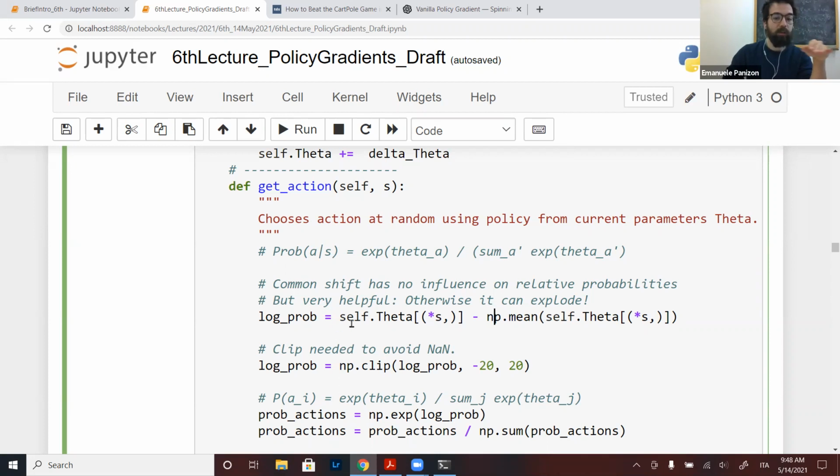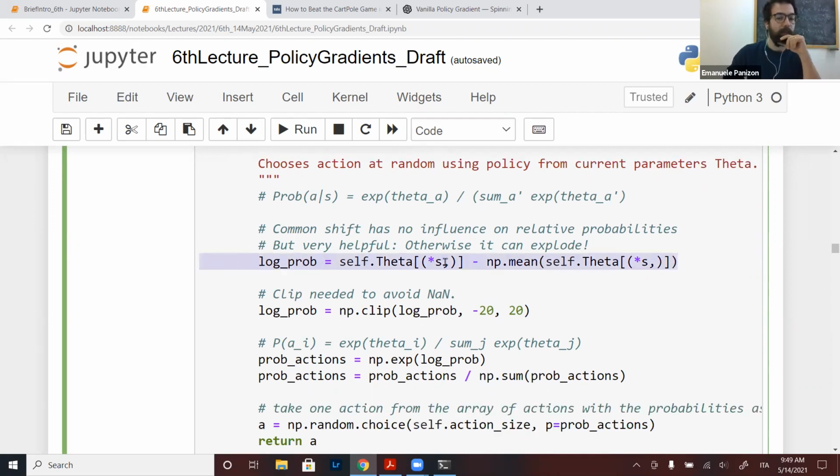But when you ask Python to do an exponential of 1000, it says, okay, it's not a number. So this is a very stupid technical trick, which is mathematically exact but helpful in Python.